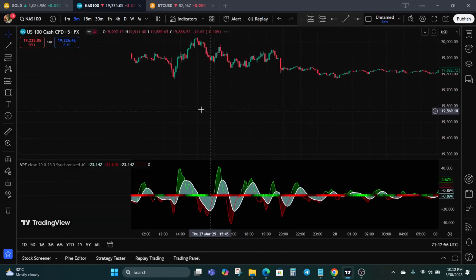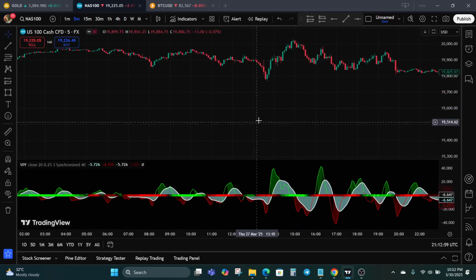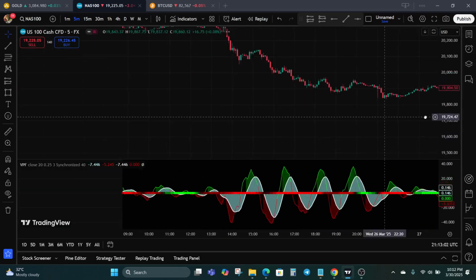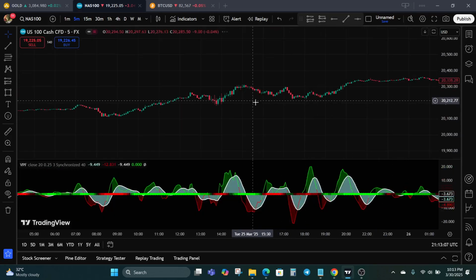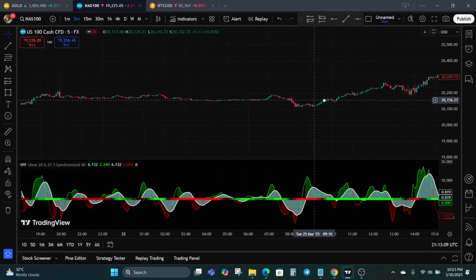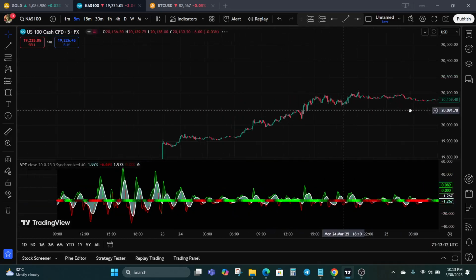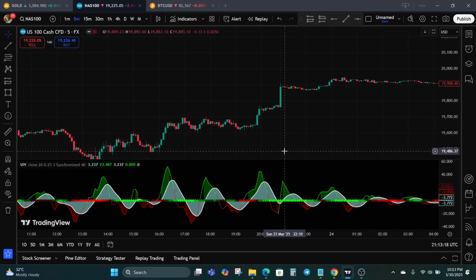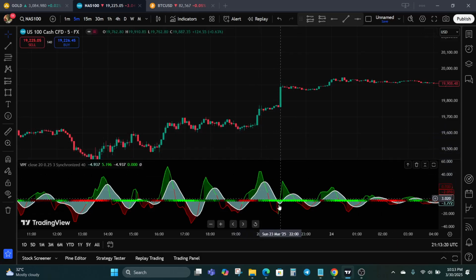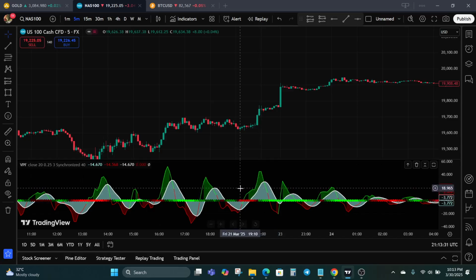Or on the other hand, let's look for a very good example. When you have the green line appear and you have the green circles getting lighter, it shows that a potential bullish move is ahead.